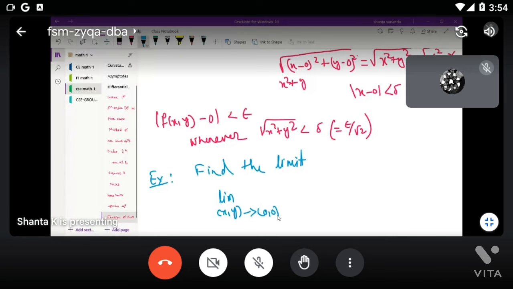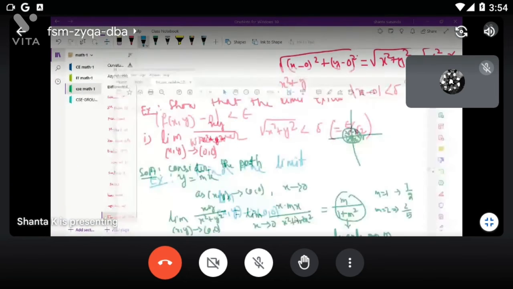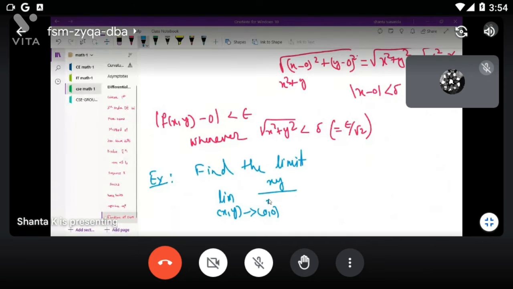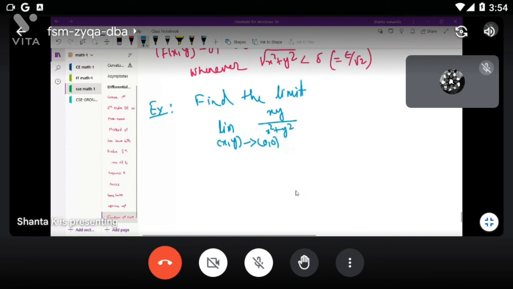Xy approaches 0, 0, of xy by x square plus y square. You can see in the numerator we have xy, and here x square plus y square, and the limit can approach the point along different paths. For all paths you should be getting the same value.